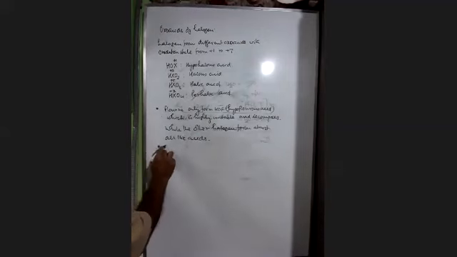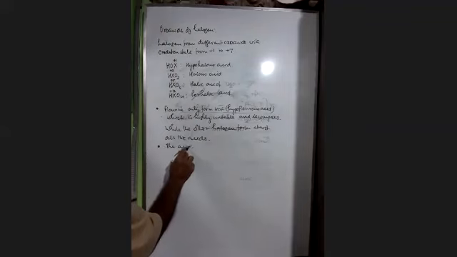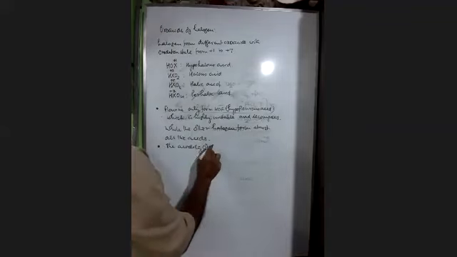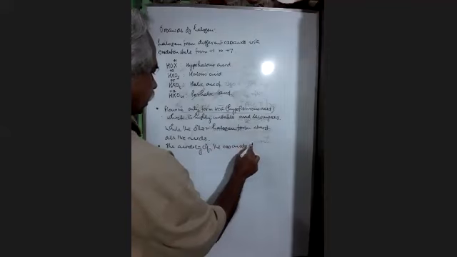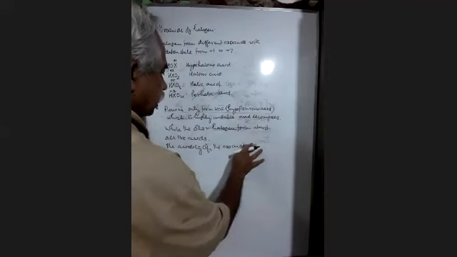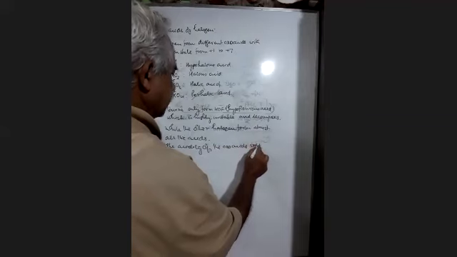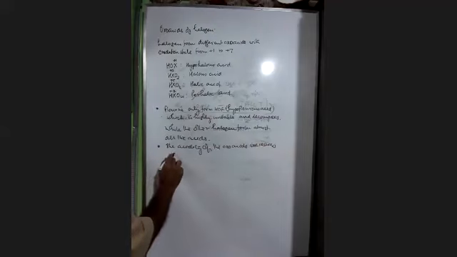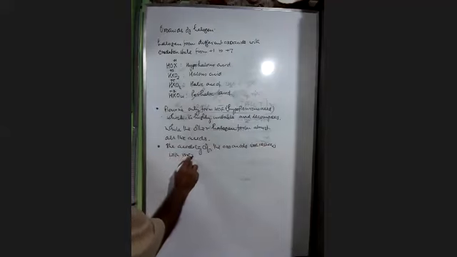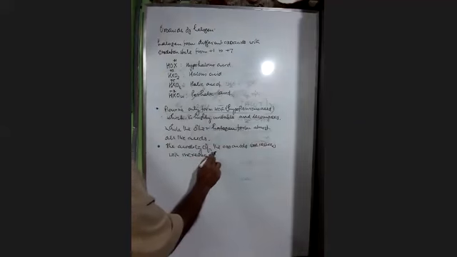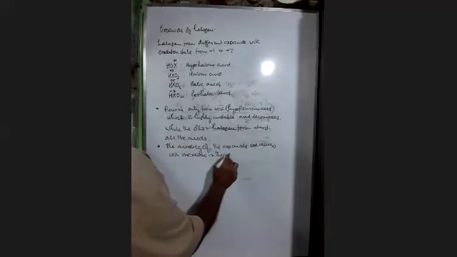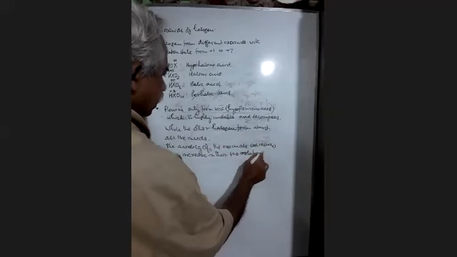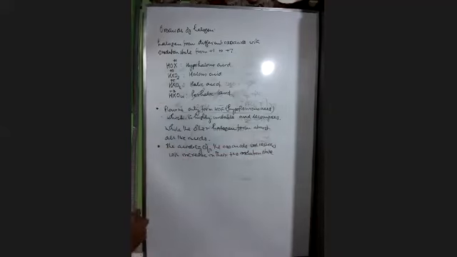Second, the acidity of the oxoacids increases with increase in their positive oxidation state. Okay, for example, see here.